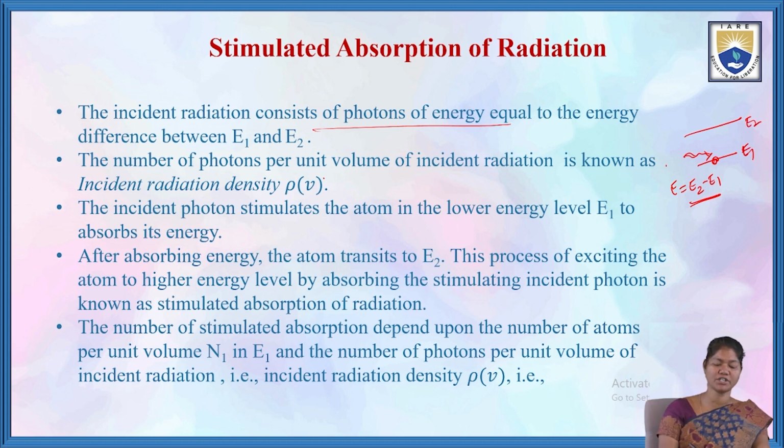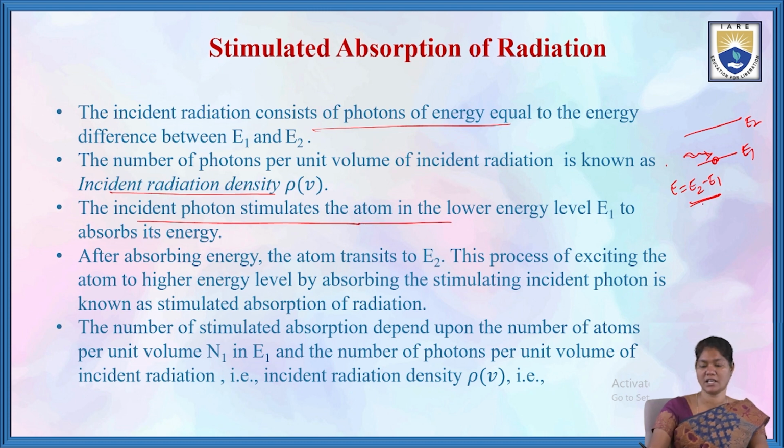So the number of photons per unit volume of incident radiation is known as the incident radiation density, rho of nu. The incident photon stimulates the atom in the lower energy level E1 to absorb its energy.